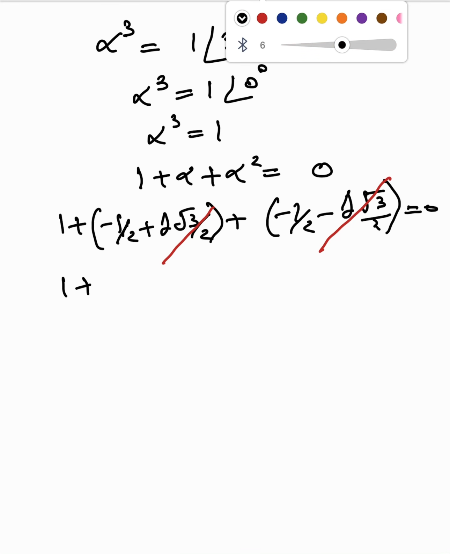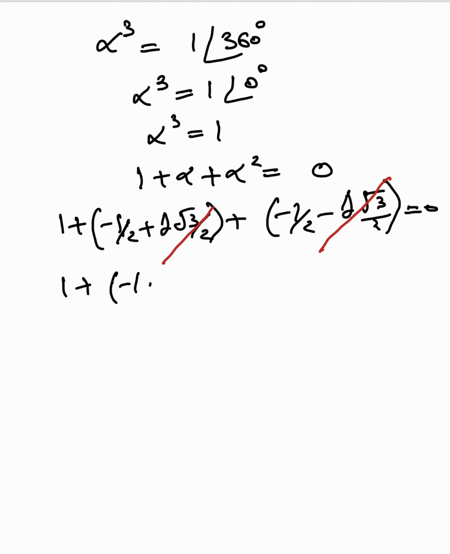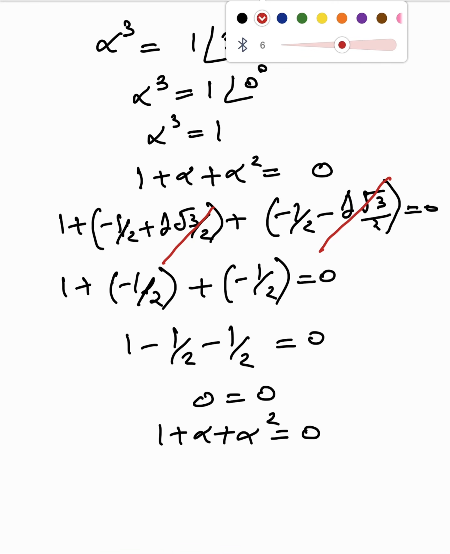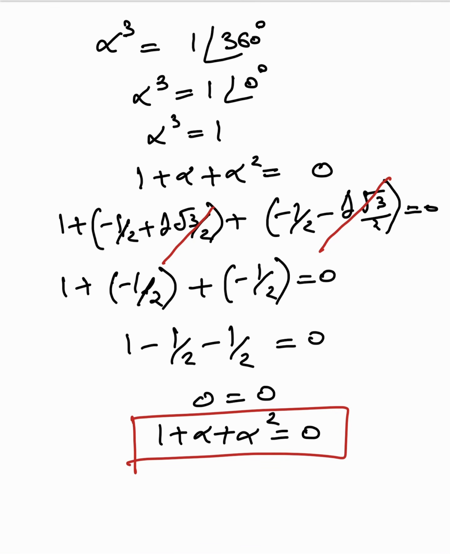So what is the remaining value? 1 minus 1 by 2 minus 1 by 2 is equal to 0. So 0 equal to 0. That means 1 plus alpha plus alpha square is equal to 0. That is the main important term, and alpha cube is equal to 1. So that is all about the operator.